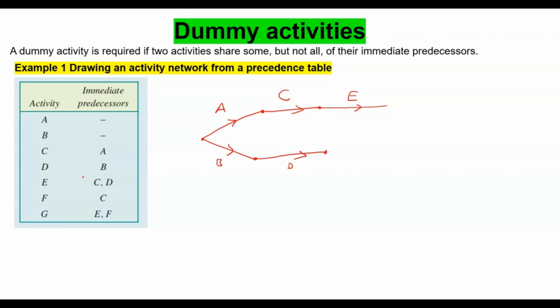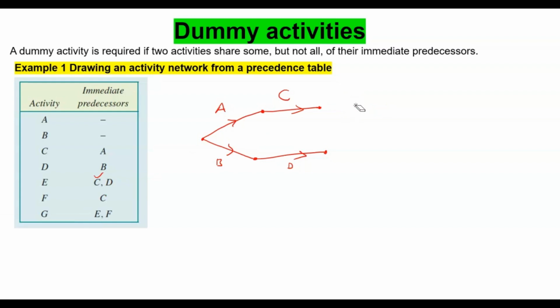Okay, now we have joined with C, but we haven't joined with D. Let's finish it off, and we see F comes right after C. How about if I actually put a D there?